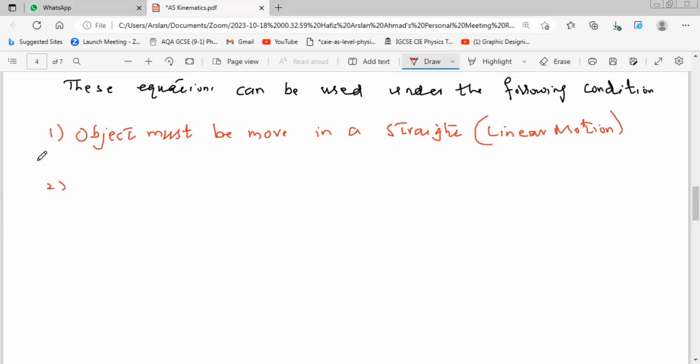And the second condition is that the acceleration of the object must be constant. Constant acceleration means the velocity is gradually increased. So these are the conditions.